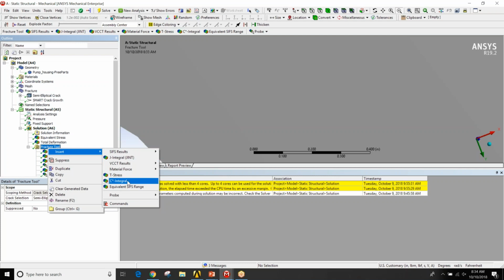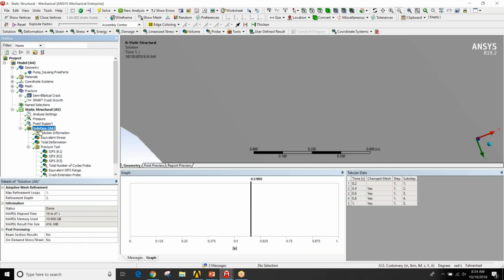Let me take a brief moment to explain C star integral. That's for creep formulations, say if you're working with aluminum and titanium and you have creep. For creep crack growth, you can use C star integral. So in the ANSYS post processor, you can do all of these.